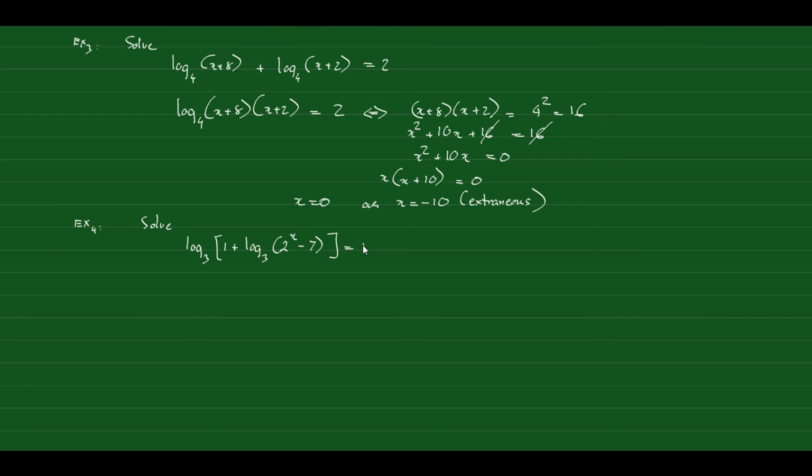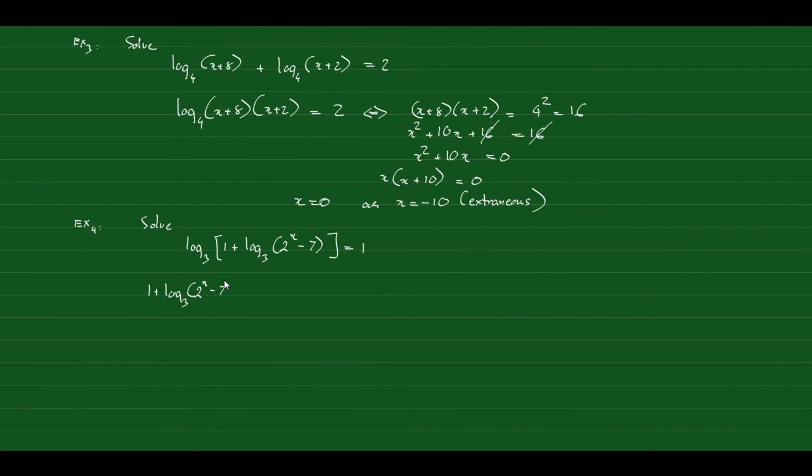We have 2 logs, and we've got to recognize that everything inside this bracket is the argument of the log, and everything inside the parenthesis here will be the argument of this log. Now you have the argument, you have the base, you have the y, so we can kick them up. We can apply the log principle to kick this up.